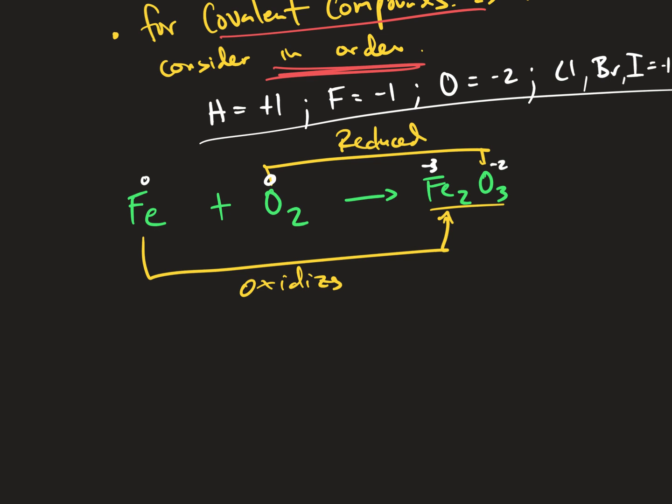Hold on, sorry. Did you guys see what mistake I made? Yeah, that's +3, and oxygen is -2. So we can see that oxygen goes down, right? It is lowered in charge, so that's reduction. That makes iron oxidized. We good?